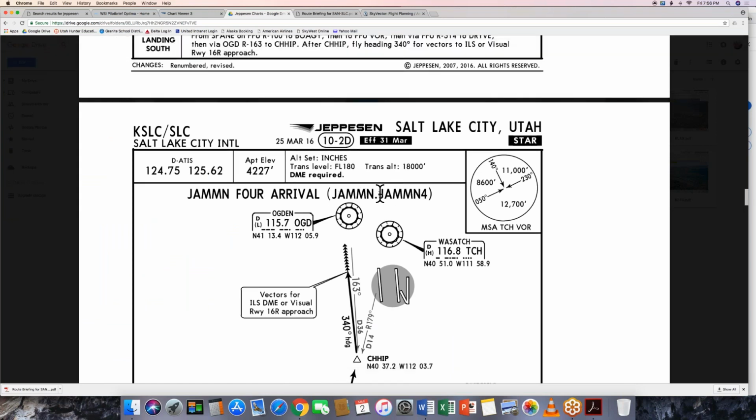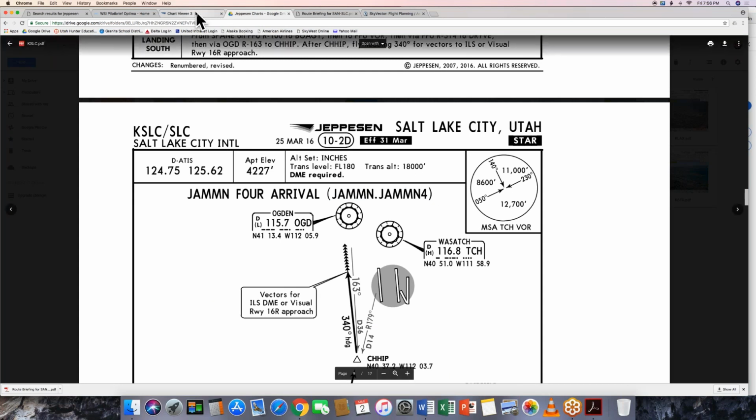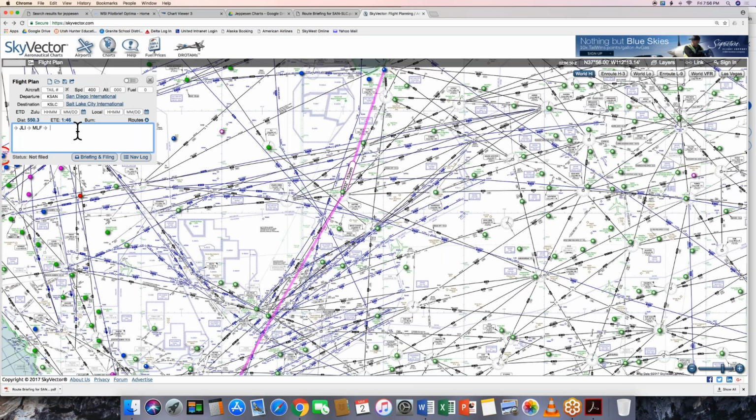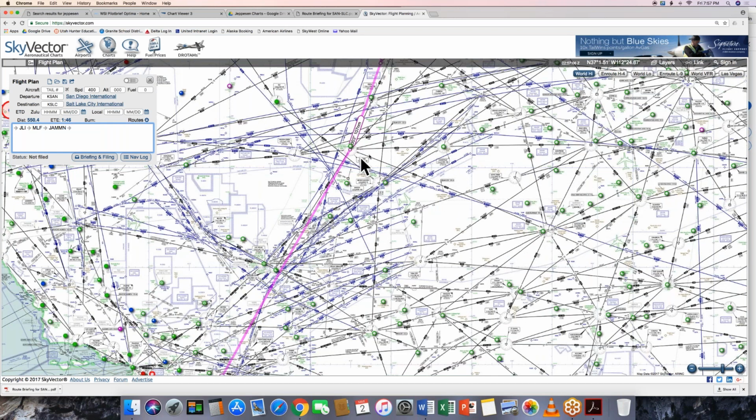So this is how we'll put it in SkyVector, that JMMN4. So if we type in at the end here JMMN4 and hit enter. Oh, let's see, JAMMN, Jamin. Okay, that just put in our arrival there.